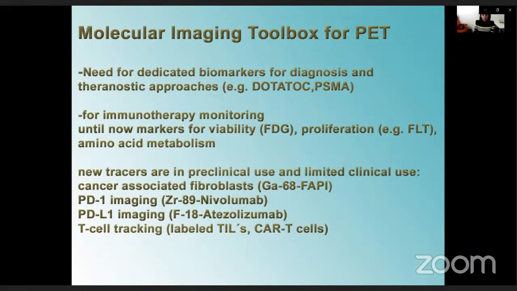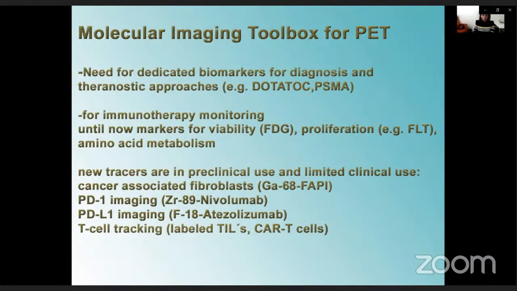Furthermore, it's possible, at least in preclinical studies, to do PD-1 or PD-L1 imaging by labeling therapeutic substances like nivolumab, which is a PD-1 inhibitor, or atezolizumab, which is a PD-L1 inhibitor.